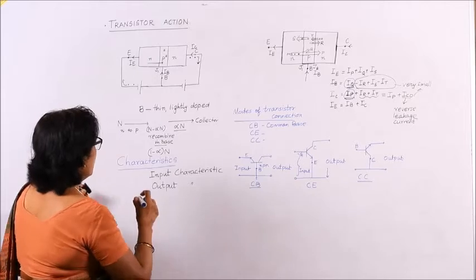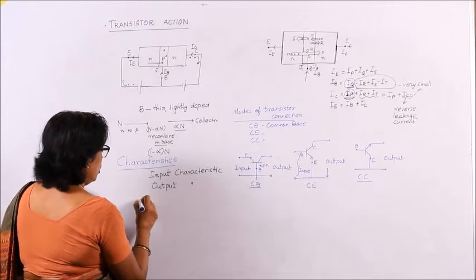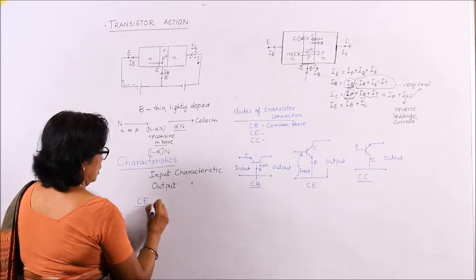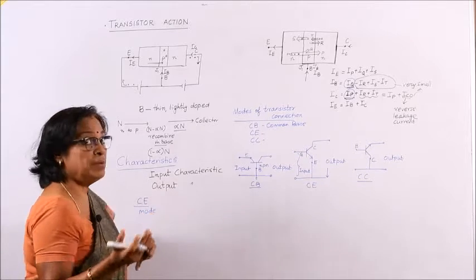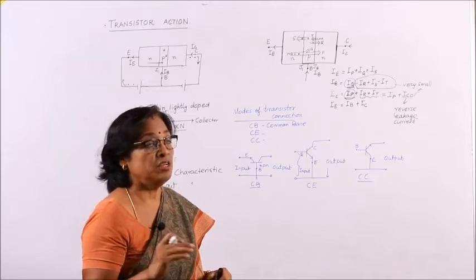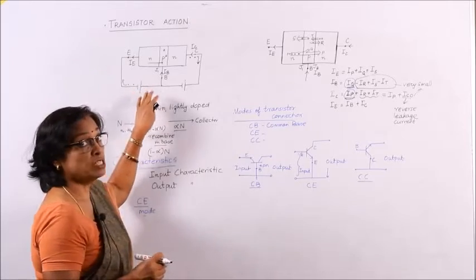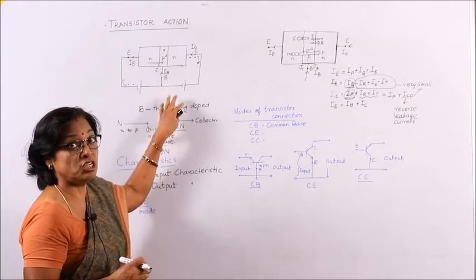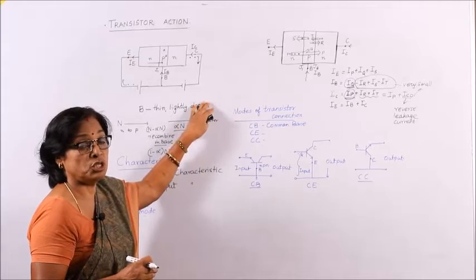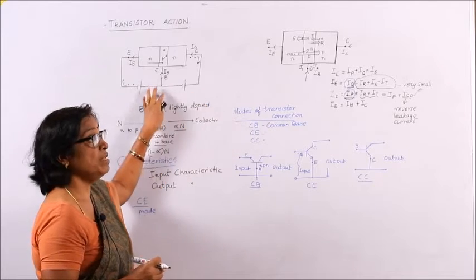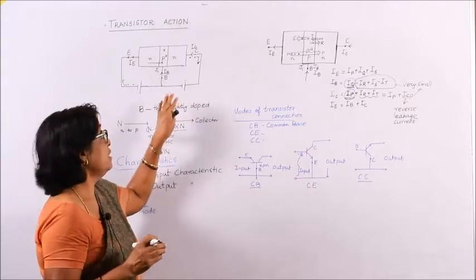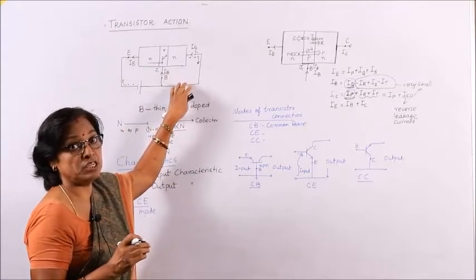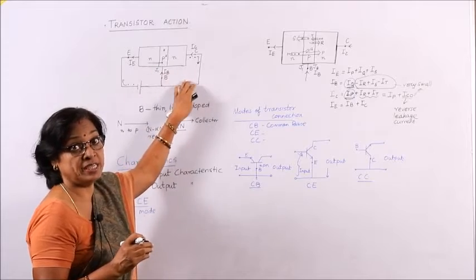So, we will take the characteristics of, for example, the common emitter connection, common emitter mode. PNP will be different from NPN. You could also explain the transistor action for a PNP transistor. In that case, holes are the main carriers, whereas in this case electrons are the main carriers because N is predominant here.